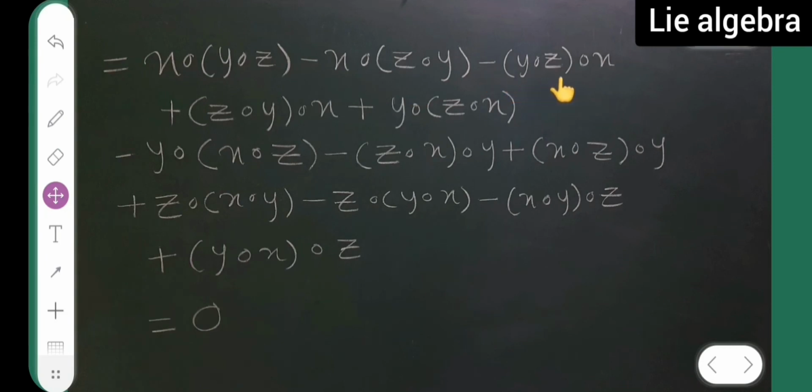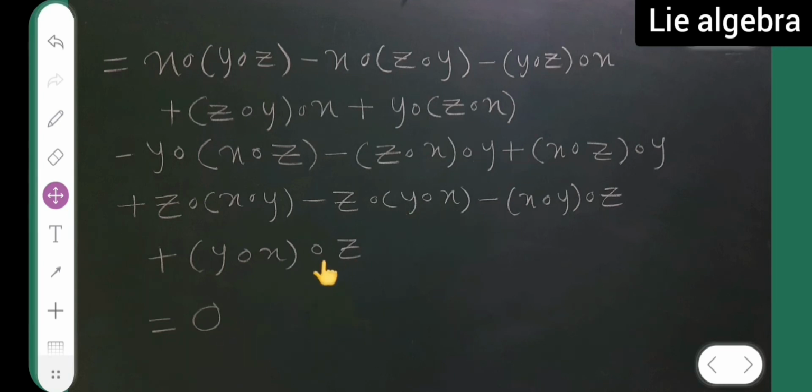minus Y composite Z composite X plus Z composite Y composite X plus Y composite Z composite X minus Y composite X composite Z minus Z composite X composite Y plus X composite Z composite Y plus Z composite X composite Y minus Z composite Y composite X minus X composite Y composite Z plus Y composite X composite Z is equal to 0.